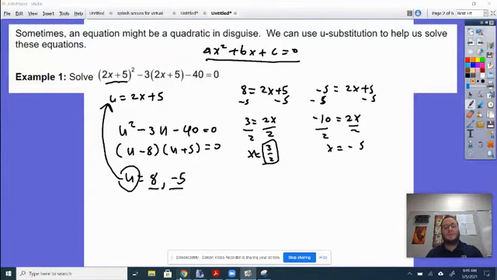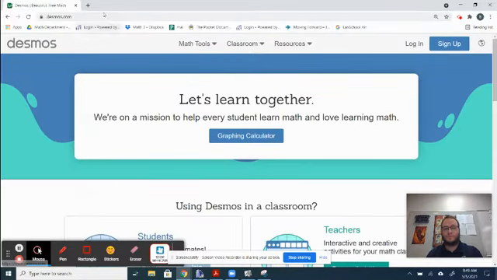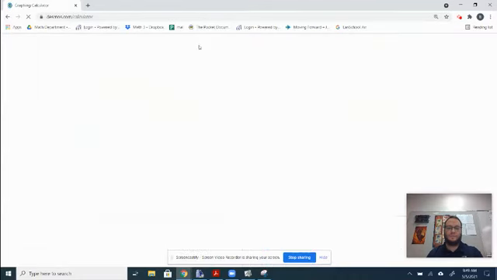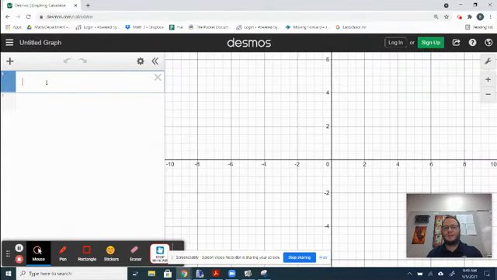Okay, so I'm going to head over to Desmos, and I'm going to graph that equation. So I do want to go into the graphing calculator. Okay, and what this is going to do is it's going to give me those x-intercepts.